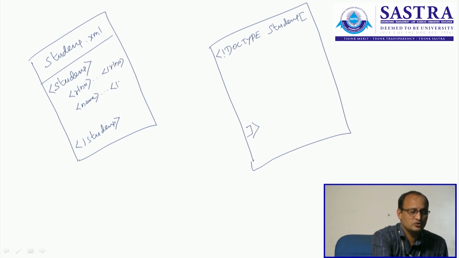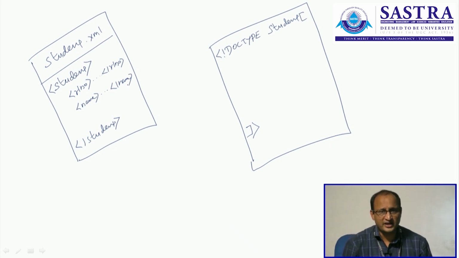Only two child elements I have in my XML document. I have decided that the student element should carry only two child elements, one is roll number and another one is name. I am very clear about the skeleton of my XML document.